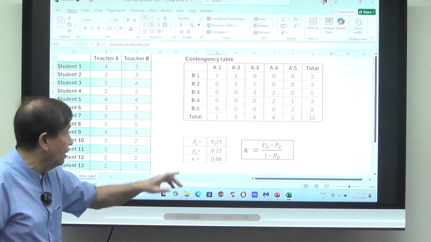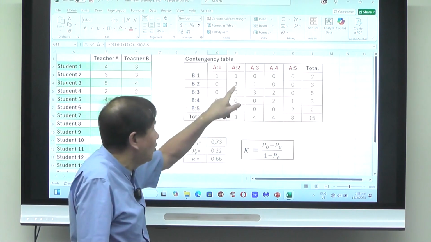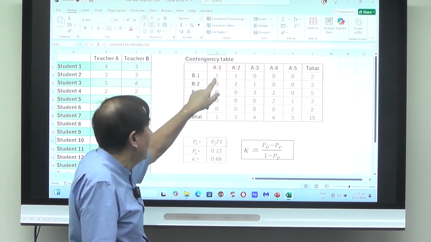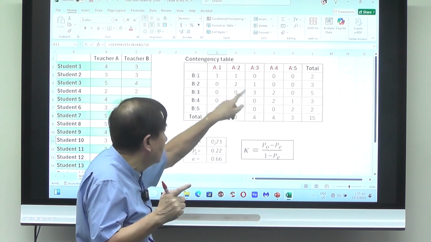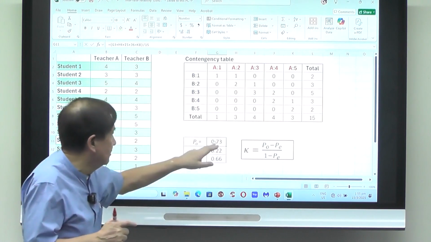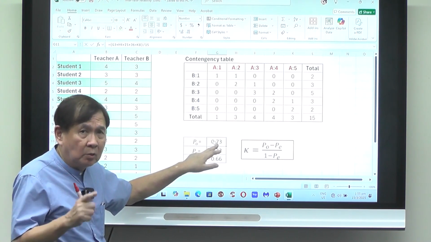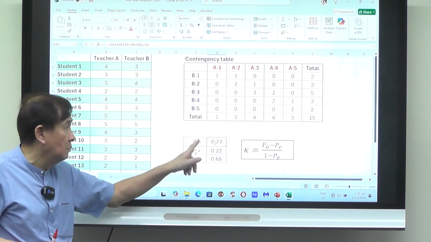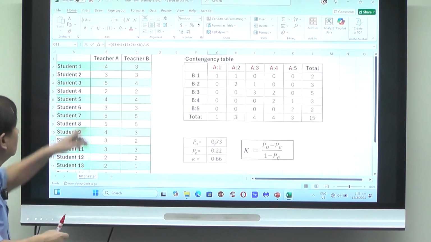Basically, you're talking about this times this, plus this times this, plus this times this, plus this times this, plus this times this, divided by what? Square of total. Square of total, correct.